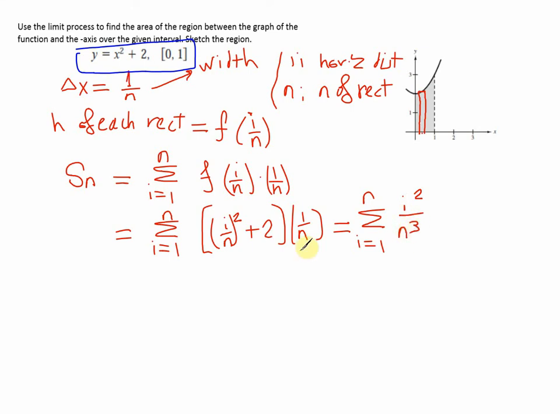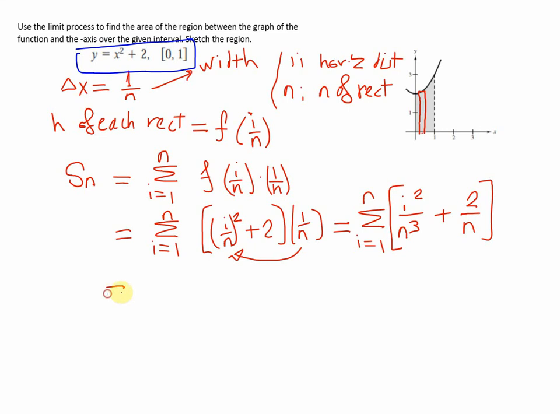We multiply this 1 over n times the first one. Again, we multiply this 1 over n times 2, which will give us 2 over n. In this case, we have sigma from i equals 1 to n of i squared over n cubed plus 2 over n.